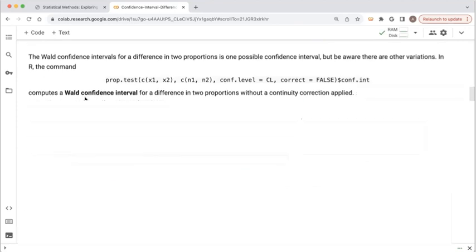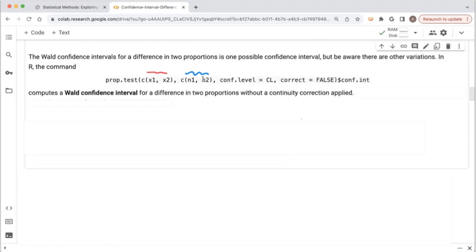In this case, we have a pair of successes and a pair of total sample sizes. So x1 denotes the number of successes from sample 1, which has size n1, and x2 denotes the number of successes in sample 2, which has sample size n2.